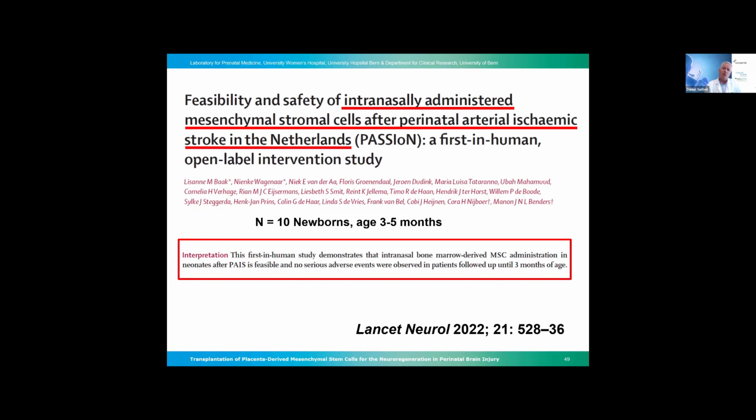Now, this follow-up paper of a Dutch multicenter trial published in the Lancet Neurology, that was 4 years ago, they used this approach in children with a perinatal stroke, up to the age of 5 months here. There were the first 10 newborns with intranasal administration, in this case of mesenchymal stromal cells after perinatal stroke.